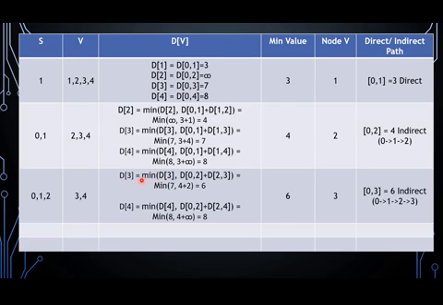D of 3 is minimum of d of 3 from the previous step, which is 7, then d of 0 comma 2, that is the minimum value from the previous step, 4, then d of 2 comma 3, the distance from the newest source, which is 2. So 2 to 3 distance has to be calculated.